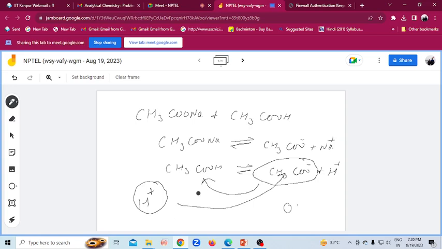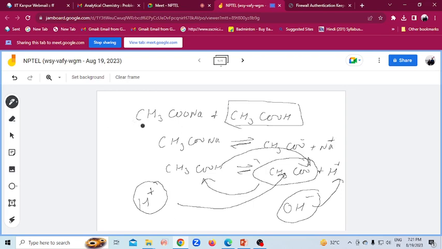Similarly, when you add OH minus ion, it will react with the positive ion and the equilibrium shifts toward the right-hand side. Overall the equilibrium will be adjusted and the pH will remain the same. This is the working principle, or working mechanism, of a buffer solution.